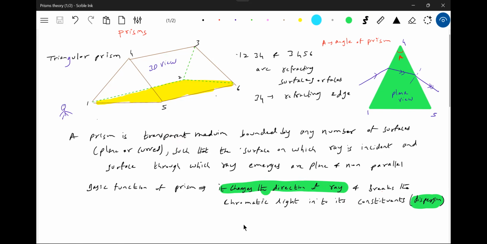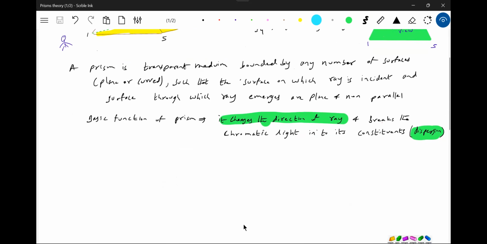So now few things are there we will define. First, refracting faces. Already I defined. Once again I'll bring it. Refracting faces. So what are refracting faces?